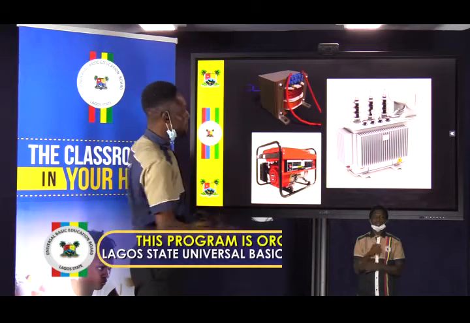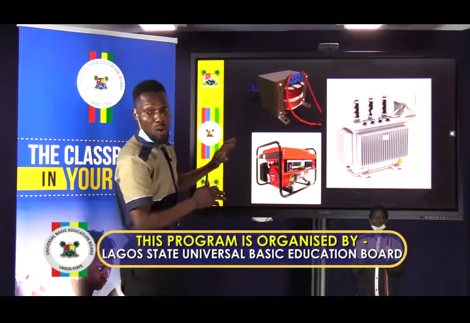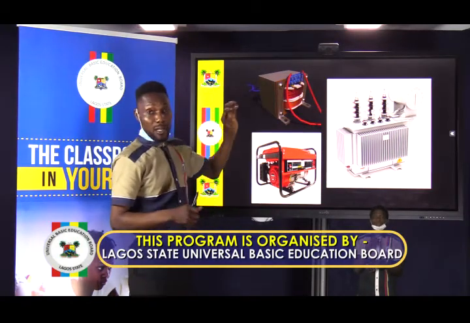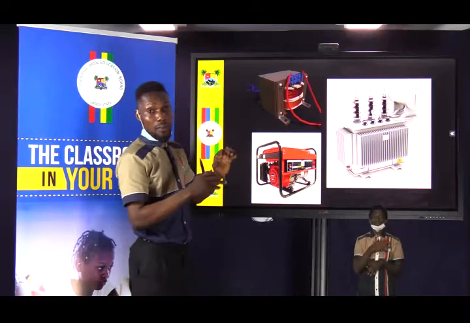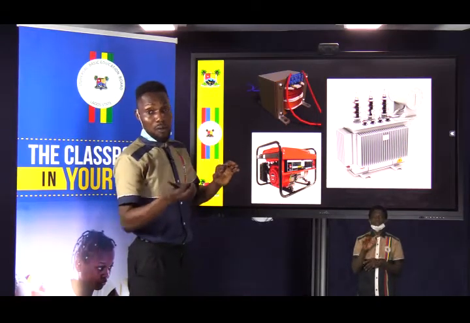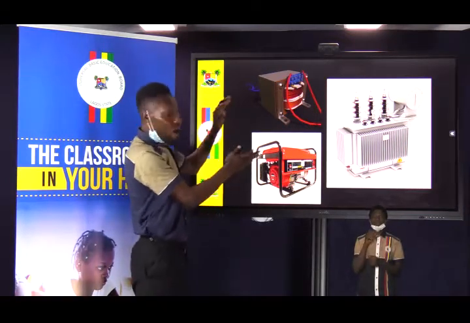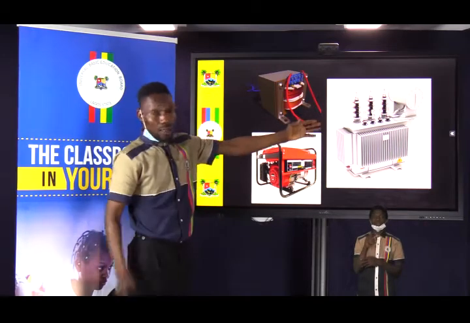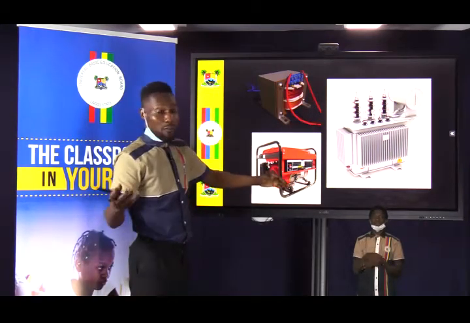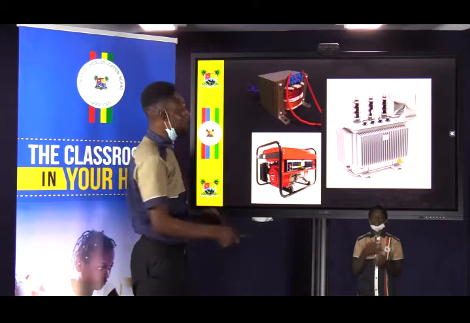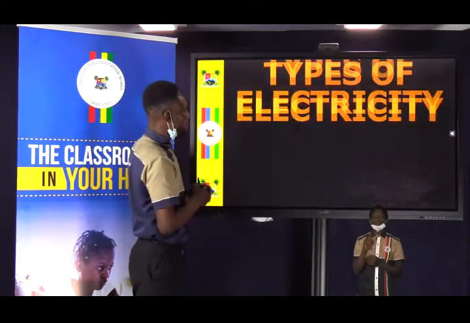This is what I'm talking about. The first one we talked about is direct current, with cells, your torch battery, your car battery, and this is alternating current from a transformer. Your generator is alternating current.